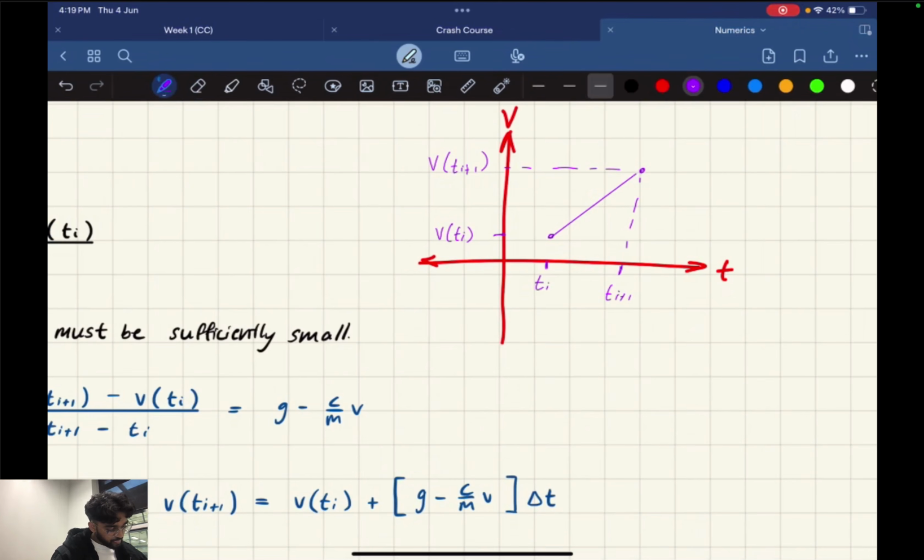That's our function. And in the question, you're going to know what ti and ti plus 1 is, right?